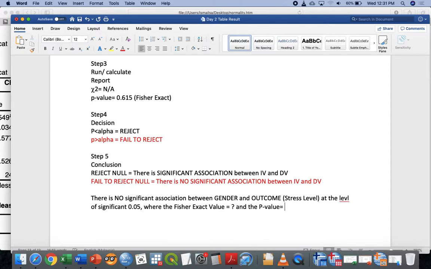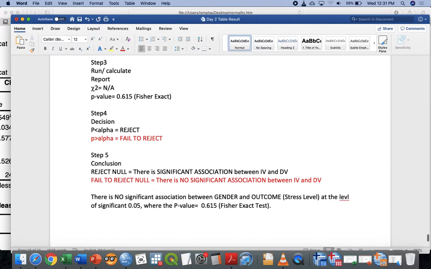Don't put it like this, don't put question marks. I'm just showing you an example. Fisher exact value is no value. Where the p-value is equal to 0.615, in the bracket Fisher exact. Okay, this is the example.